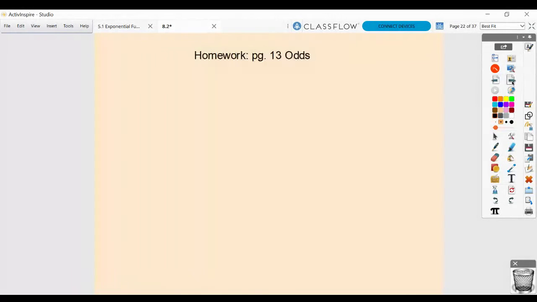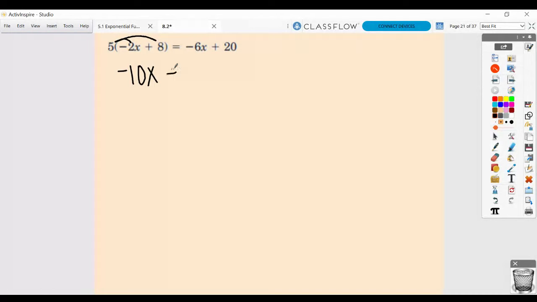Okay, I think we have one more. Yeah. Okay, the last one, distribute the 5. So 5 times negative 2 is negative 10. 5 times 8 is 40. Okay, you have nothing to combine together.